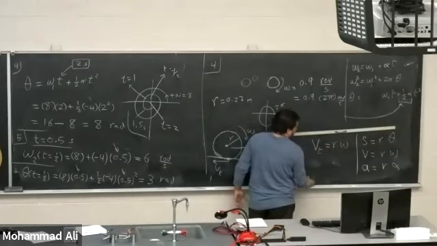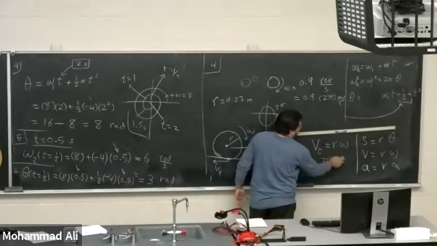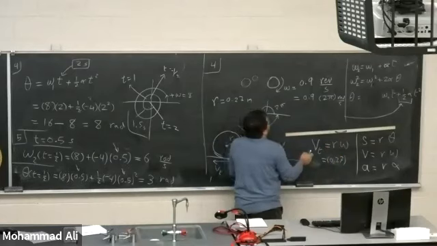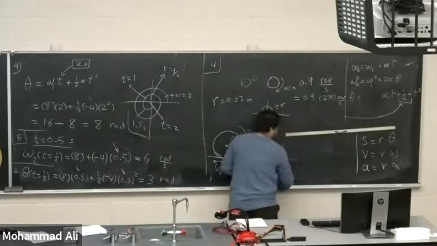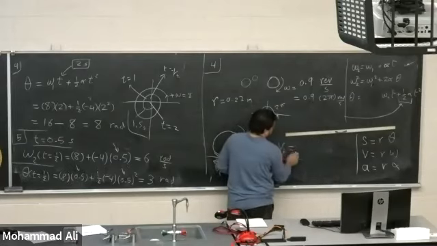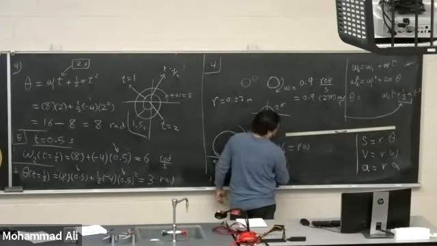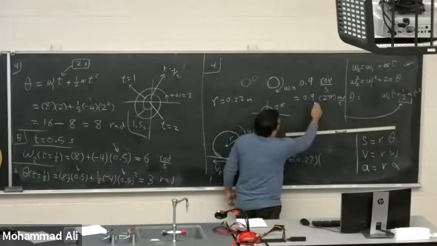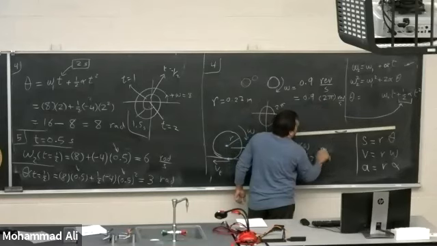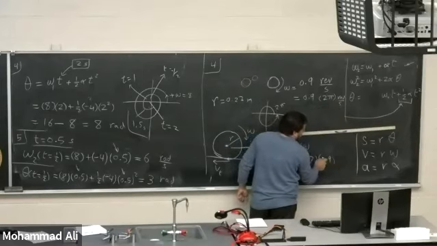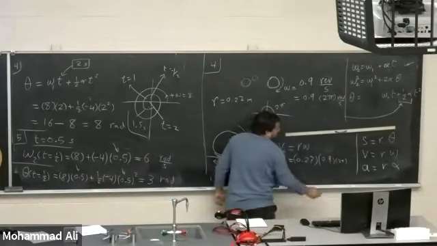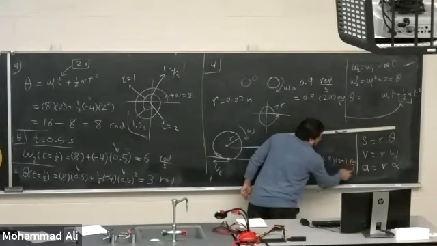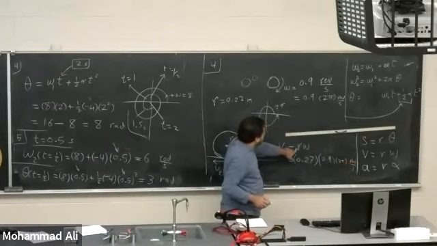Okay, what is R? It is 0.27. Omega, it is this one. This is R, and this is omega, which is 0.9 rotations, which is 2 pi radian per second. The radius here is in meter.